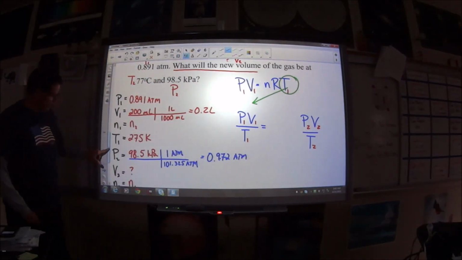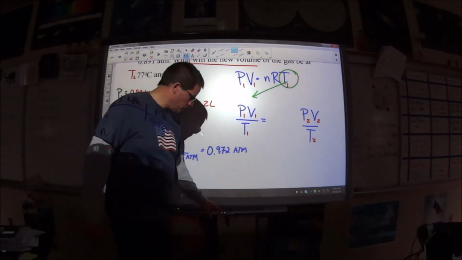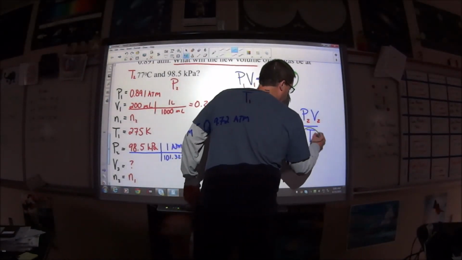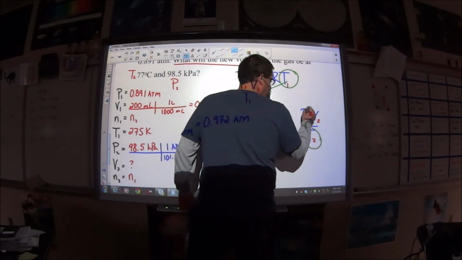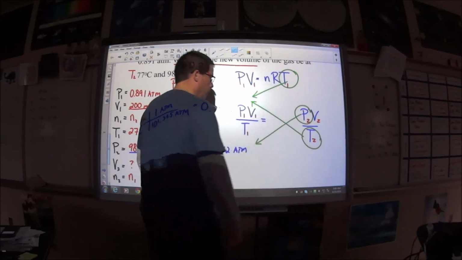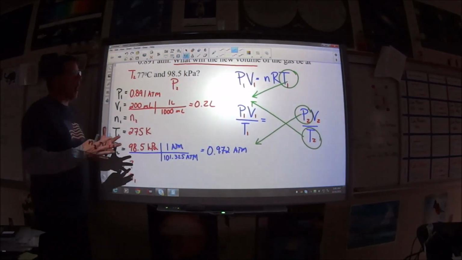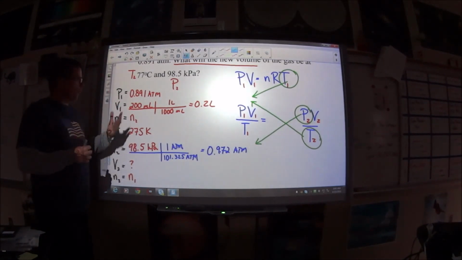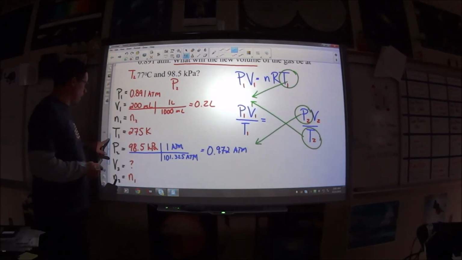Now, since we're looking for V2, that means we're going to multiply by T2, and we're going to divide by P2. Okay, we need to now get all the known variables to the same side.